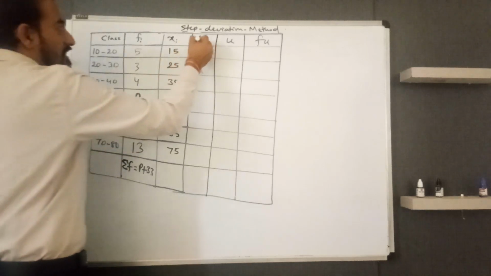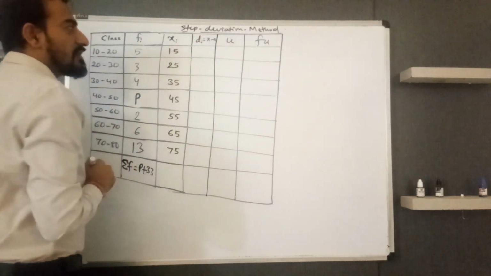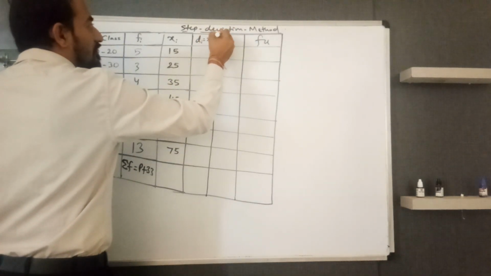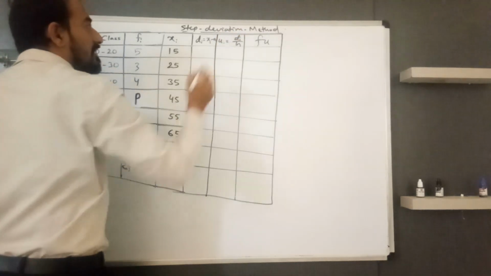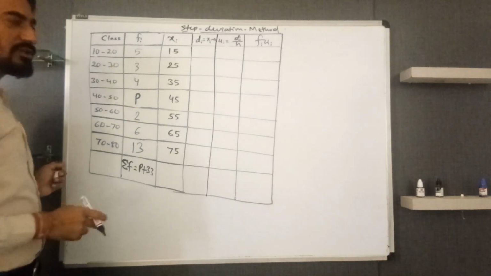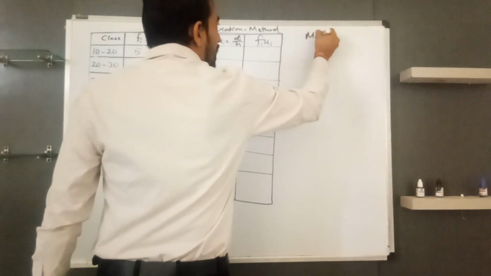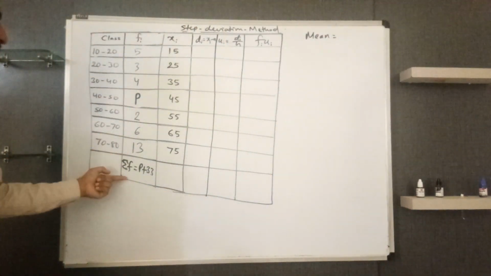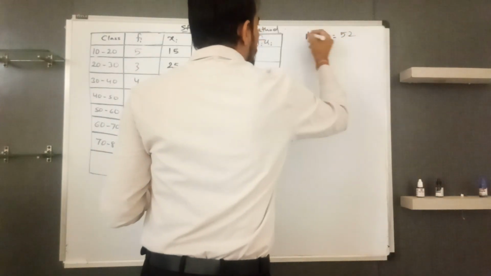How to find D? So for that we have to follow the formula x minus a. How to find u? So for that we have to follow d by h. And you know how to find f. So here we need assumed mean a. Here, the same question we have followed. Same class intervals, same frequencies. So mean also same.